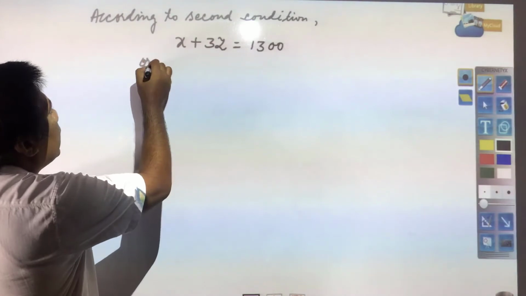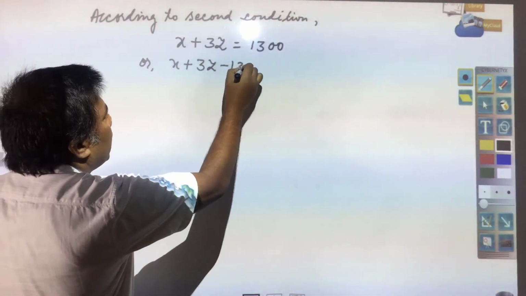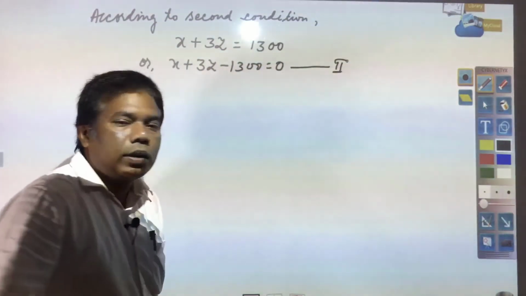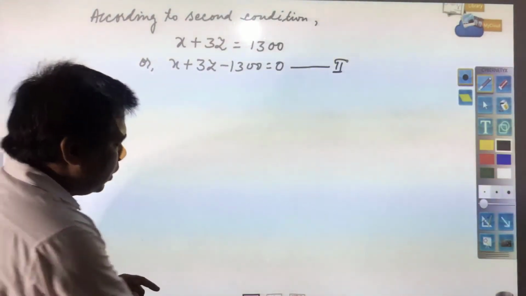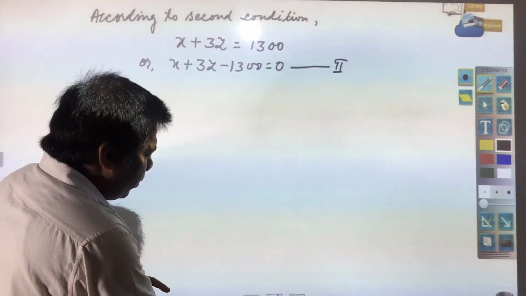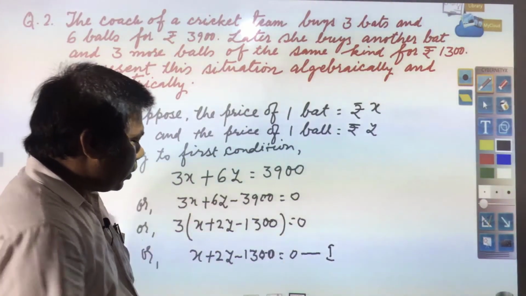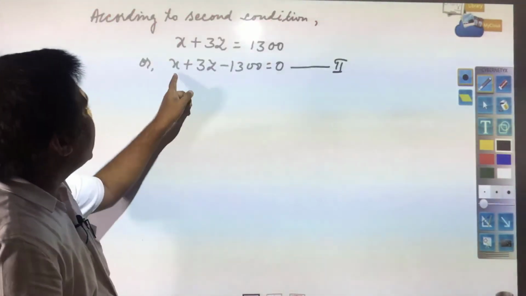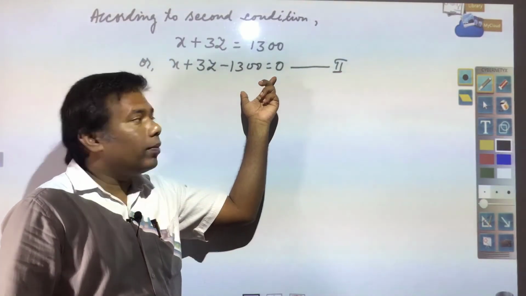Or you can write x plus 3y minus 1300 is equal to 0, and this is your second equation. So, algebraically you have found two equations. The first is x plus 2y minus 1300 is equal to 0, and the second is x plus 3y minus 1300 is equal to 0.